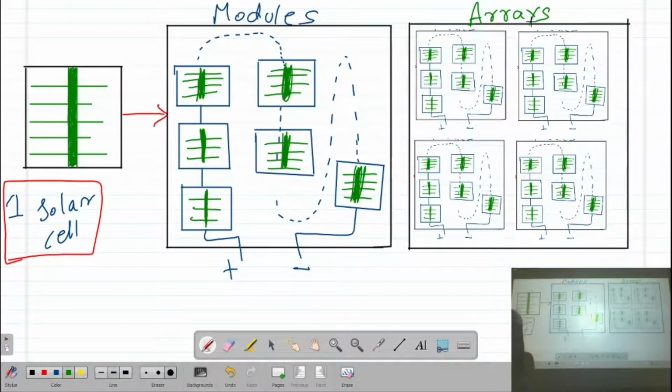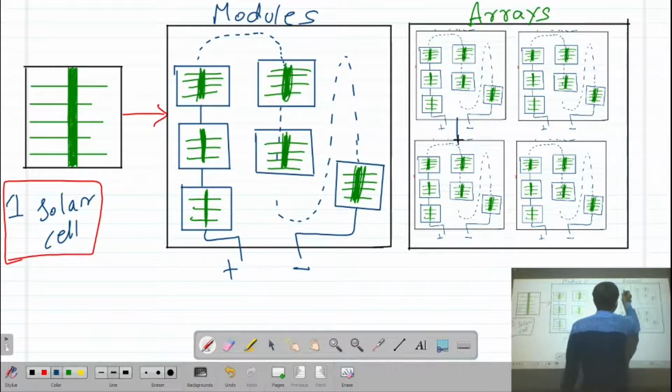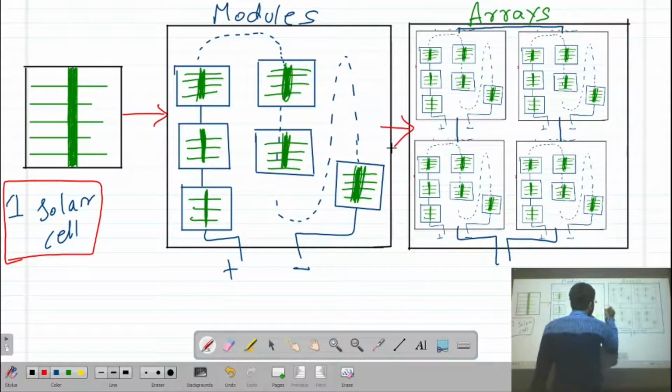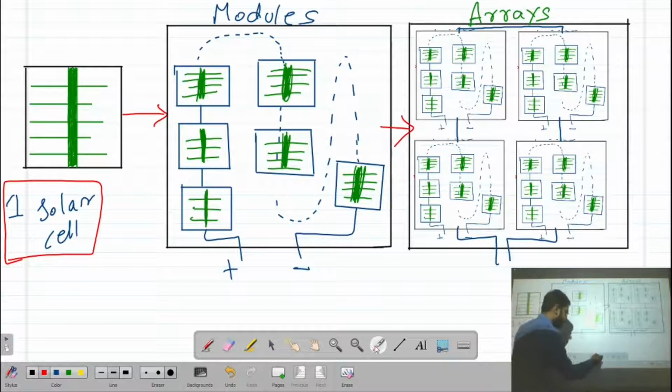Now you can see, if a single solar cell is connected in series and parallel connection to increase the overall power output, then it is known as a module.